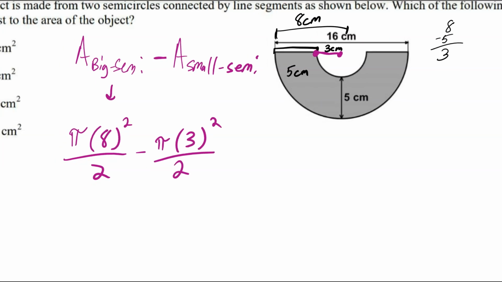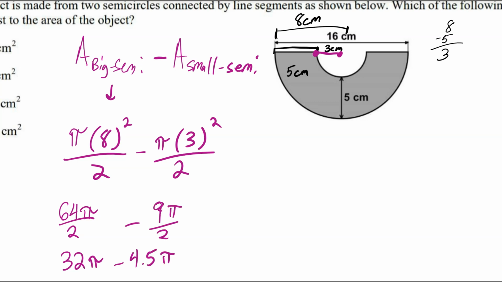Now, you could type this in as it is, or you could do a little bit of reduction first. 8 squared is 64, and 64 divided by 2 is 32. And 3 squared is 9, divided by 2 is 4.5.